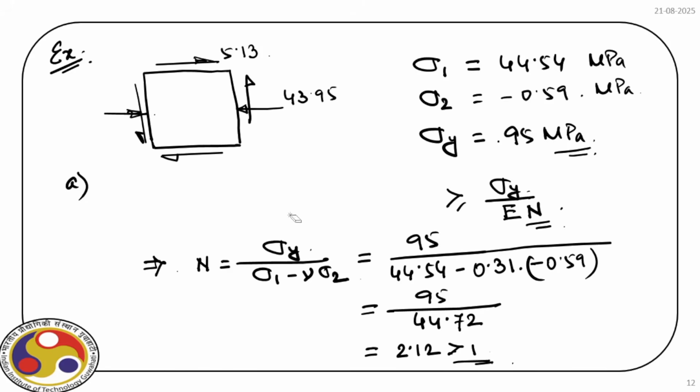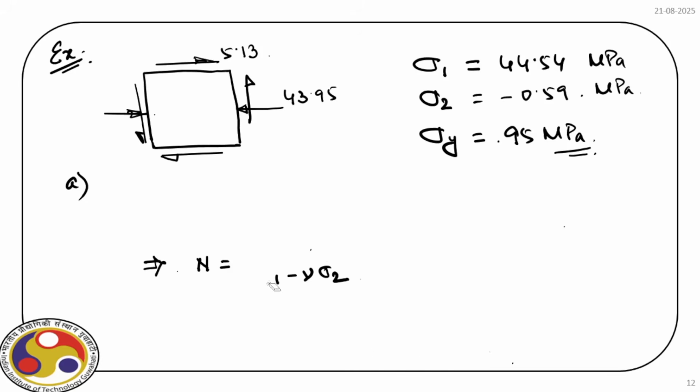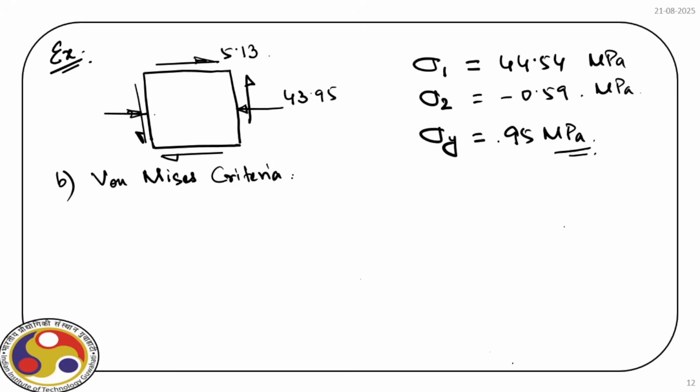For that, if you recall, von Mises criteria is exactly same what we derived for octahedral shear stress. What is that?